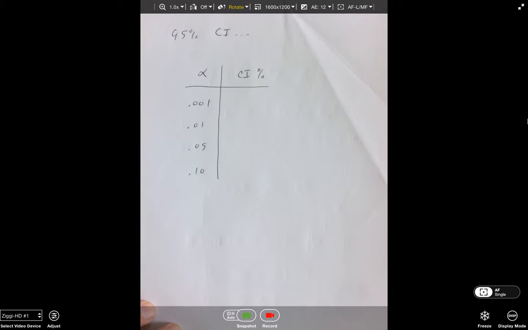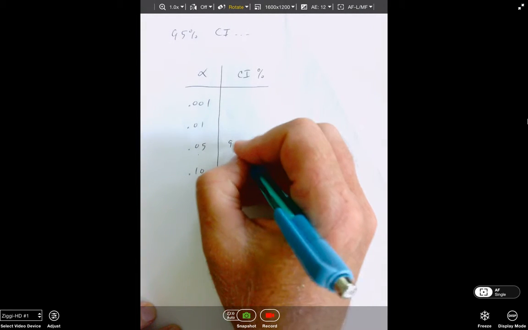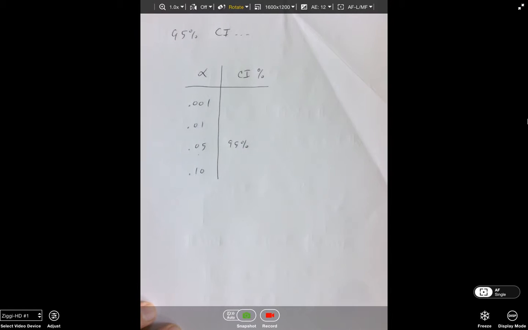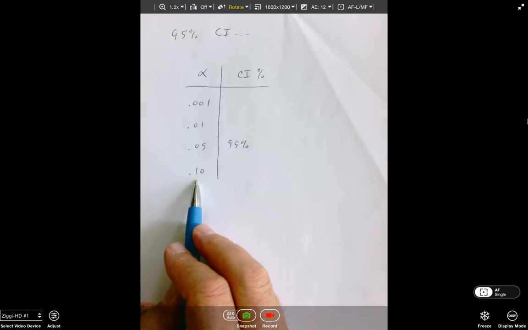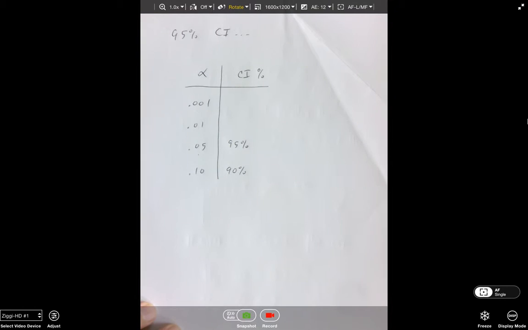This decision for alpha corresponds to the confidence level that you present. If you tested alpha 0.05, the corresponding confidence interval will be 95%. If you tested 0.10, the corresponding confidence interval will be 90%.